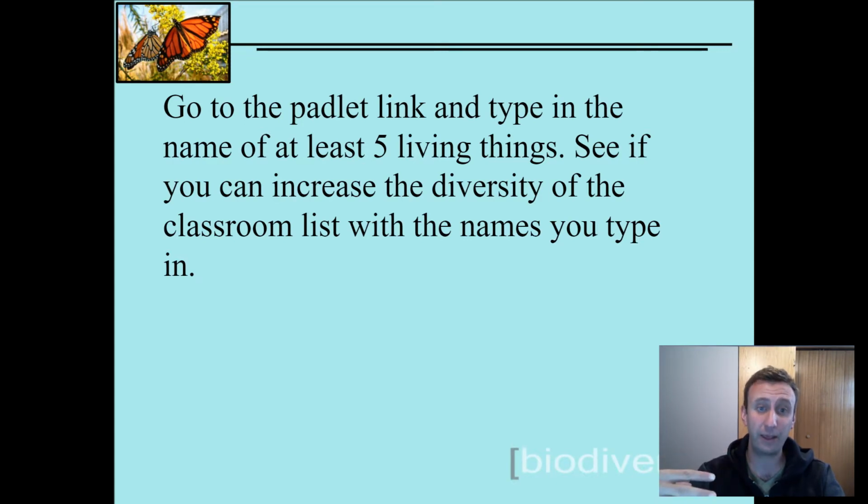So try to come up with things that add to the amount of diversity within the big list. I want you to press a plus sign and make a new post for every single thing, every single species that you list here. But again, it's any living thing at all. Let's try to maximize the diversity. Go ahead.